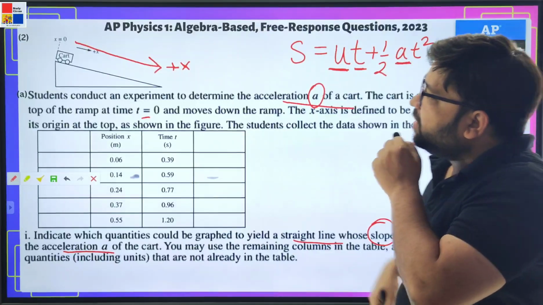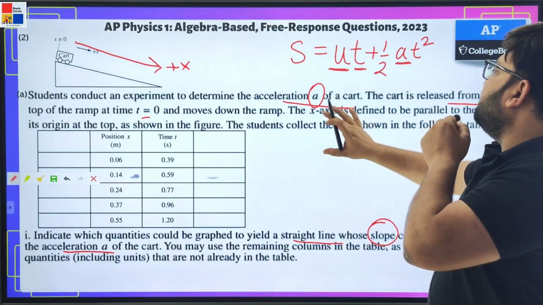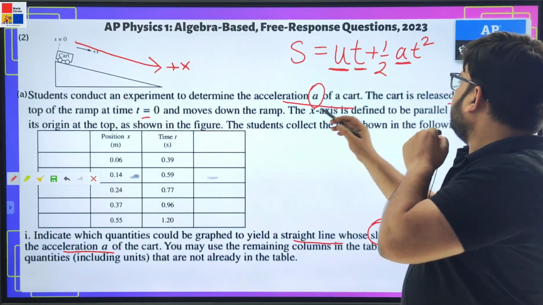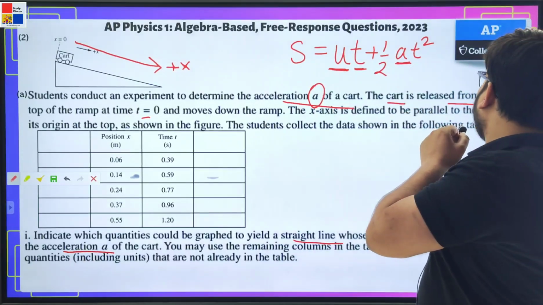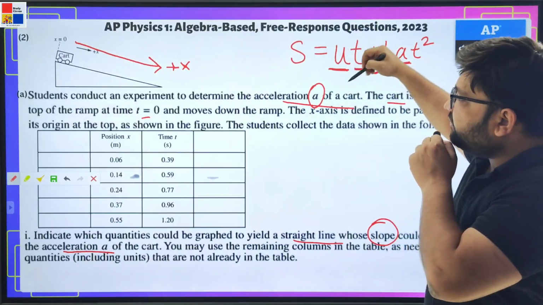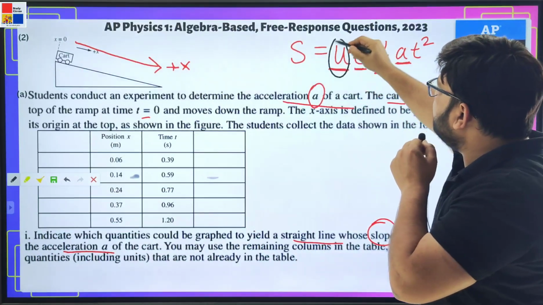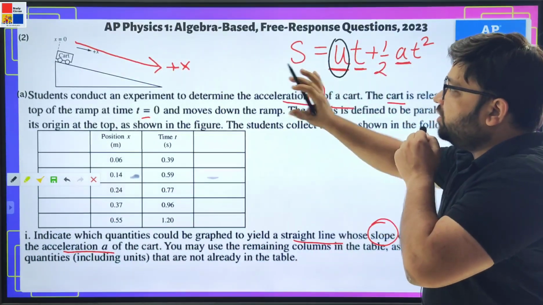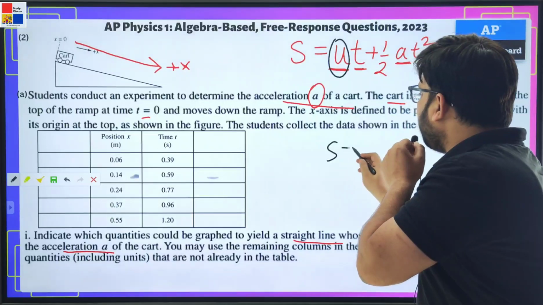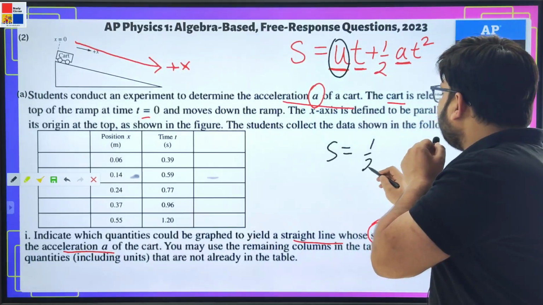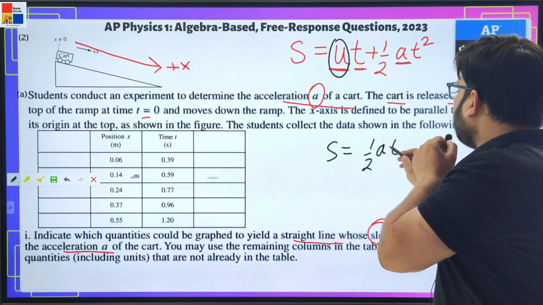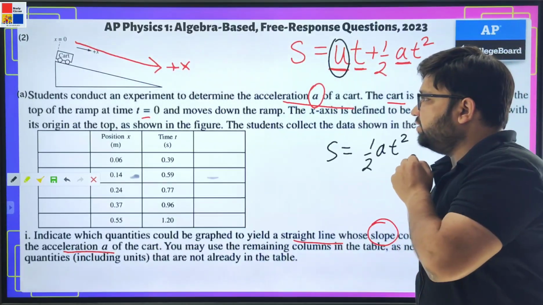Now, since the cart is starting from rest, the initial velocity u is going to be 0. That means the displacement of the cart can be given as half times acceleration times time square.